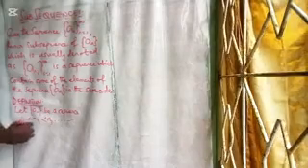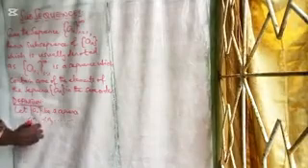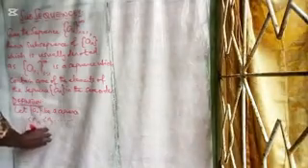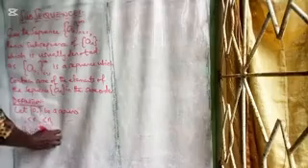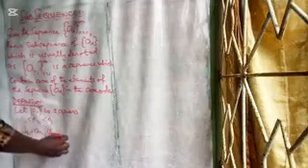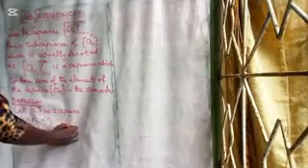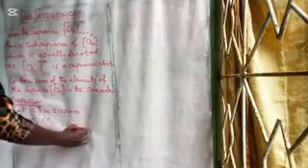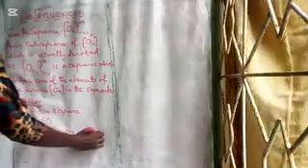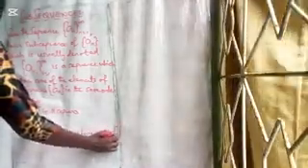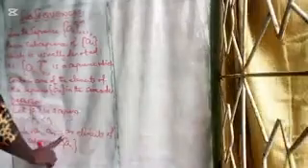Therefore, a sub n1, a sub n2, a sub n3 will be elements of the sequence a sub n.